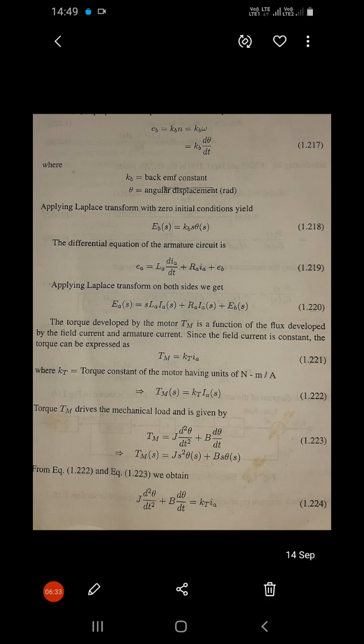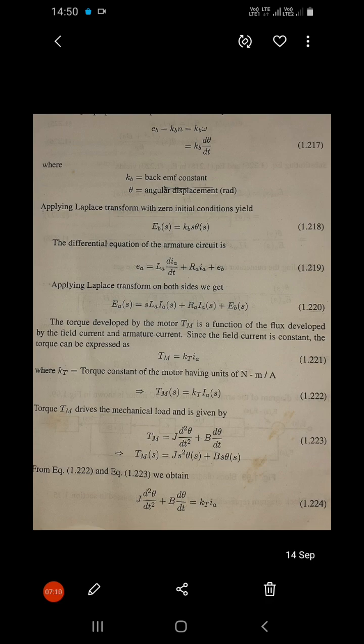We know the field current is constant, therefore the torque can be expressed by equation 1.221, that means T_m equal to K_t into I_a, where K_t is the torque constant of the motor, and its unit is Newton meter per ampere.